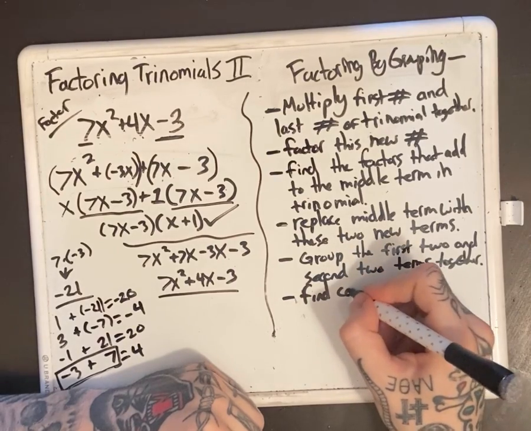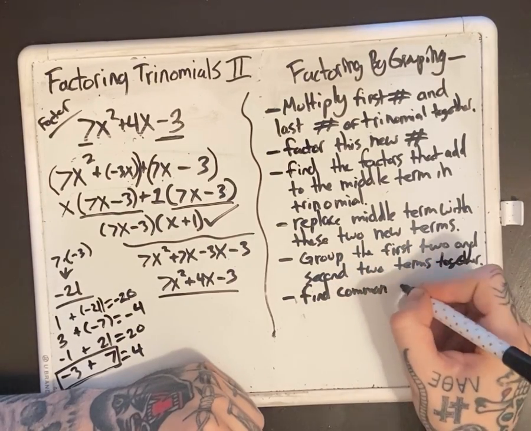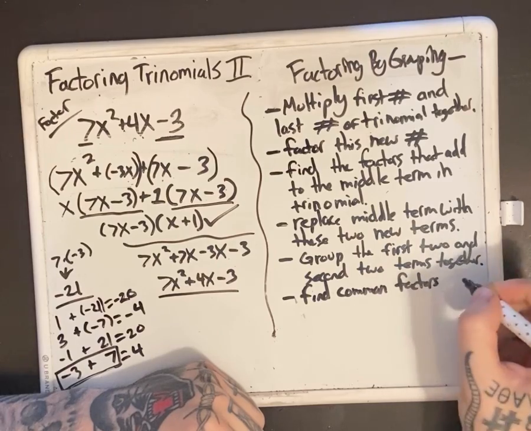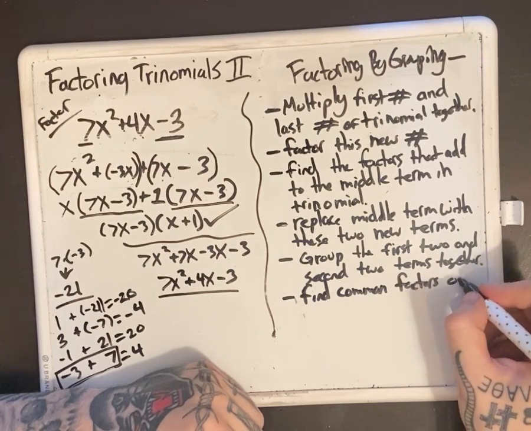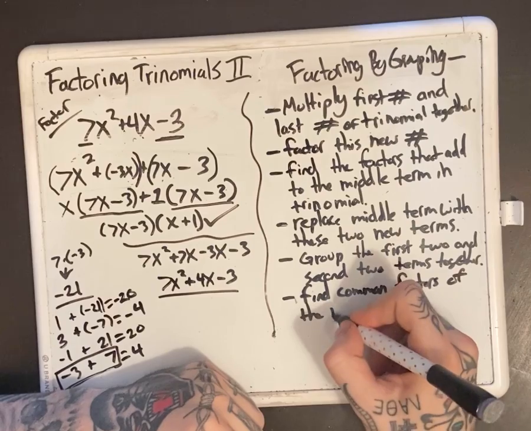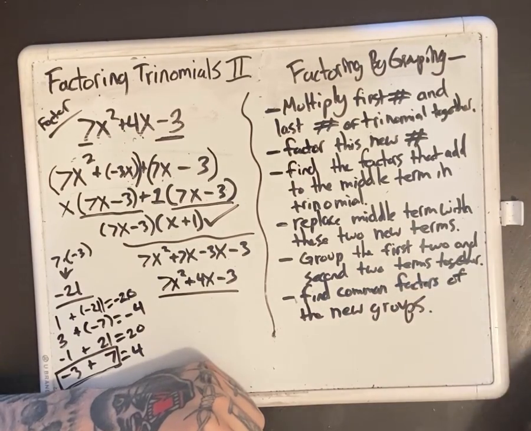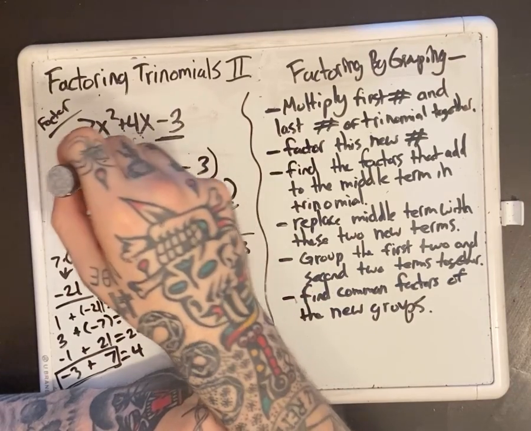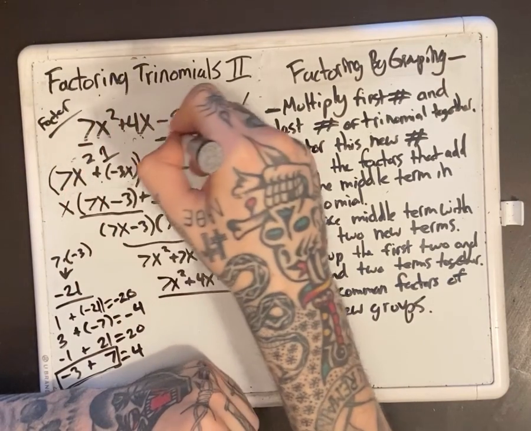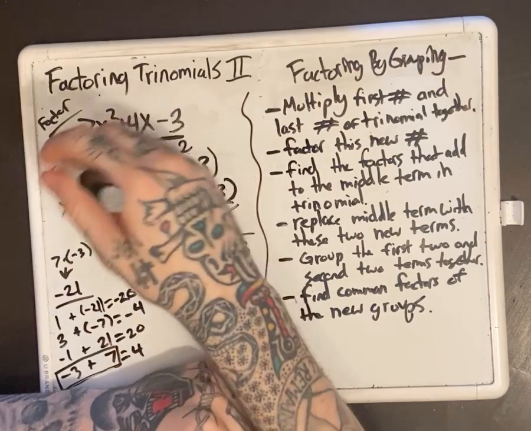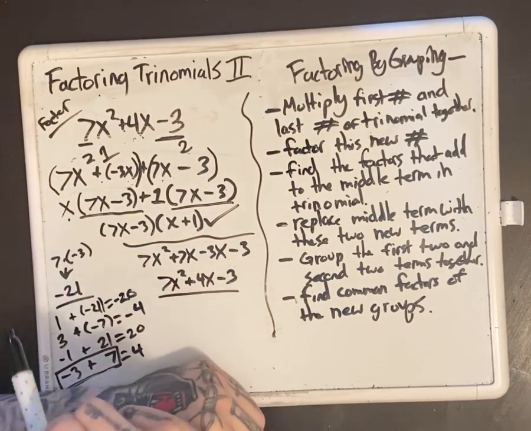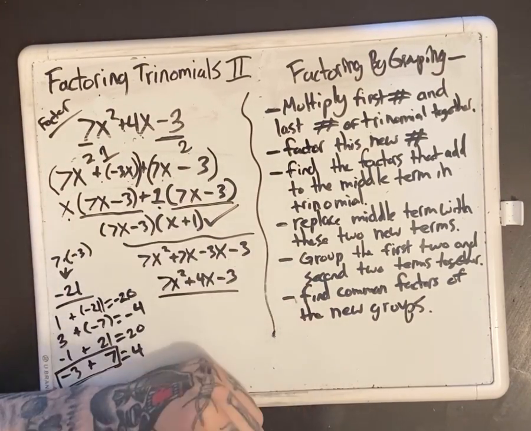Find common factors of the new groups. Okay, so here I formed two groups, group 1 and group 2. In group 1, I found the common factor of x. In group 2, I found the common factor of 1.